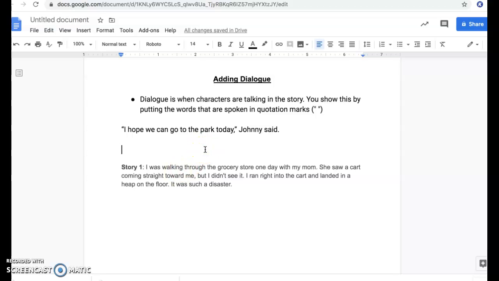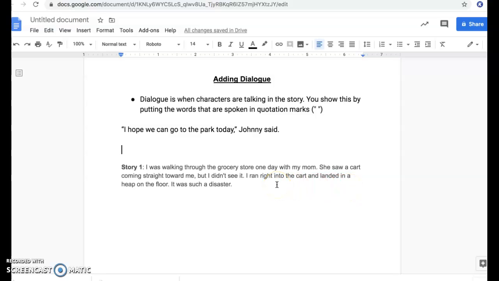So let's take an example. Here's a story, and we're going to read it, and then we're going to think about what we think of this story. So this is story one. I was walking through the grocery store one day with my mom. She saw a cart coming straight toward me, but I didn't see it. I ran right into the cart and landed in a heap on the floor.